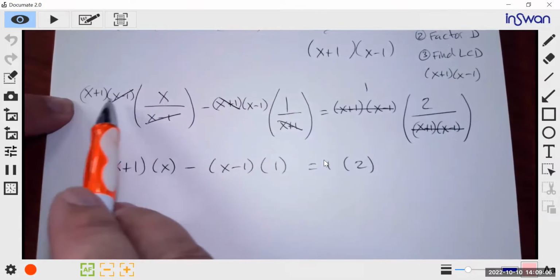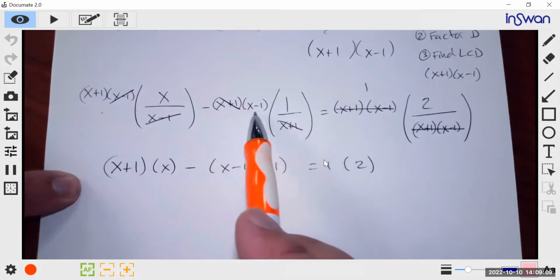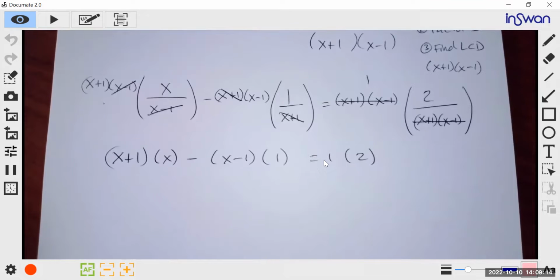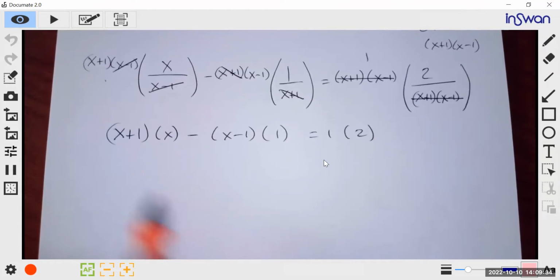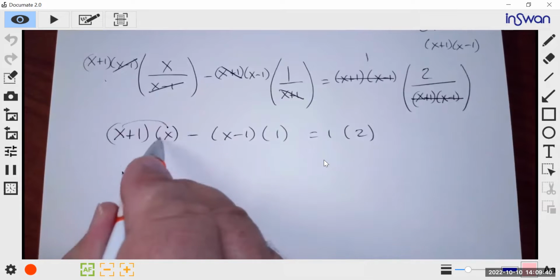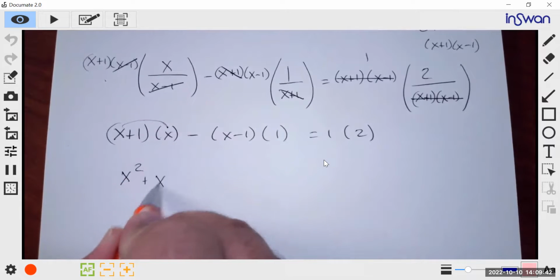So in the first parenthesis, x plus 1 times x minus x minus 1 times 1 equals 1 times 2. All right. Get rid of multiply, get rid of parentheses. X times x is x squared. Positive, positive. X times 1 is x.